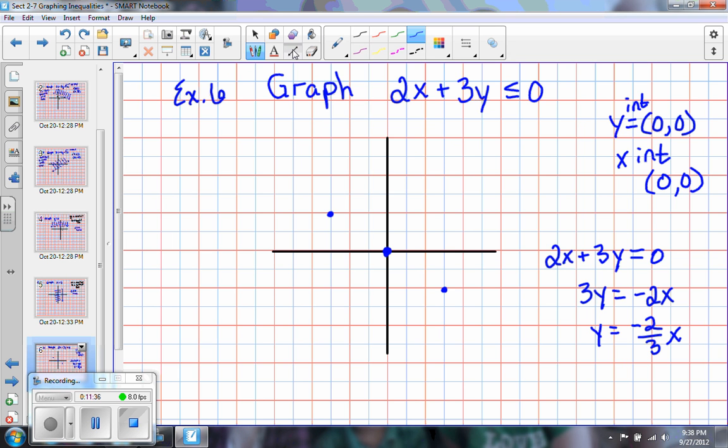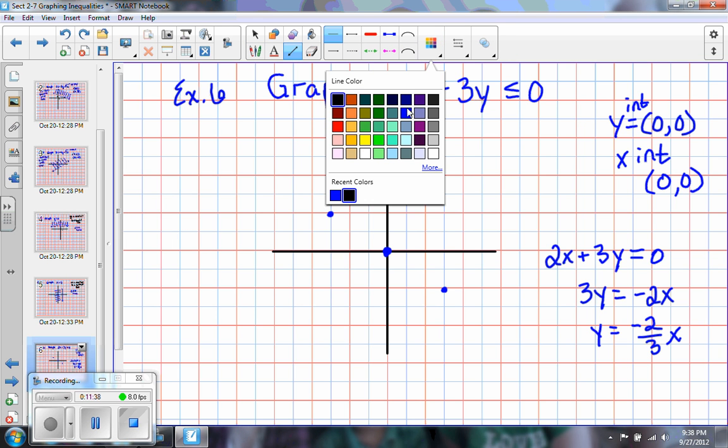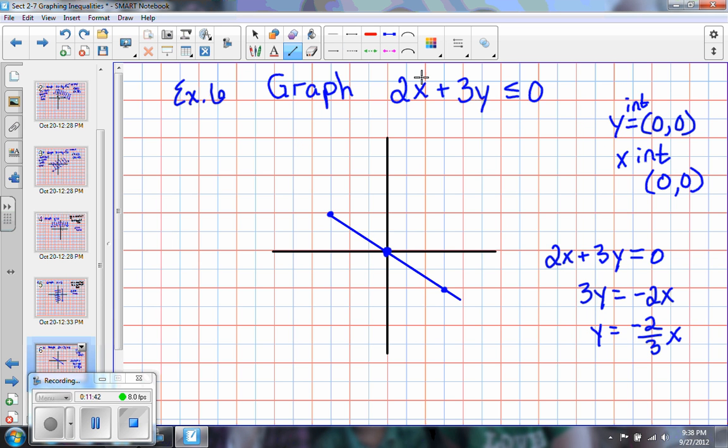Now, since I'm going to have a solid line on this one, so here's the line. And now I have to decide which side to shade. Well, I can't test 0, 0 because my line goes through 0, 0. But I can test anything else. So I'm going to test 1, 1 because those are pretty easy numbers to check.